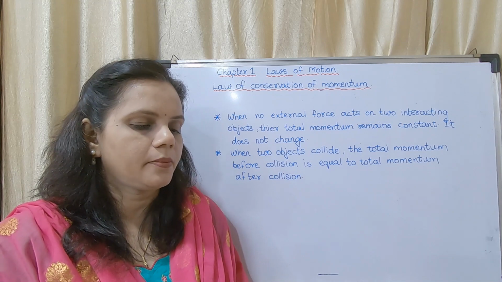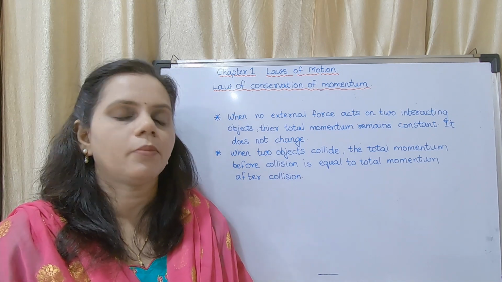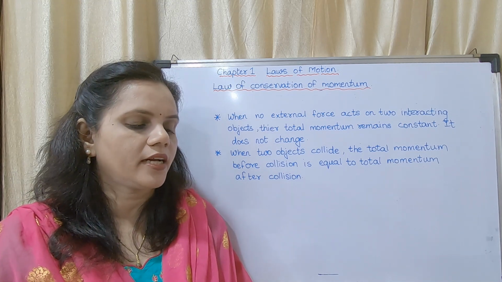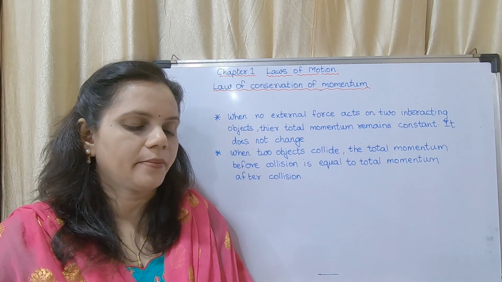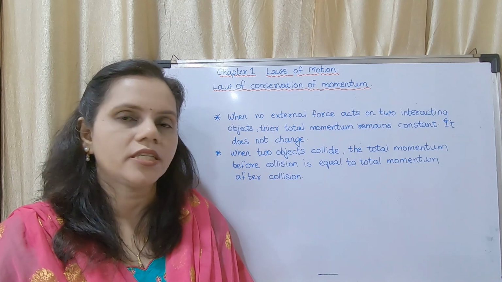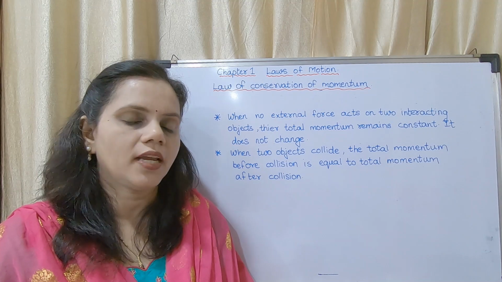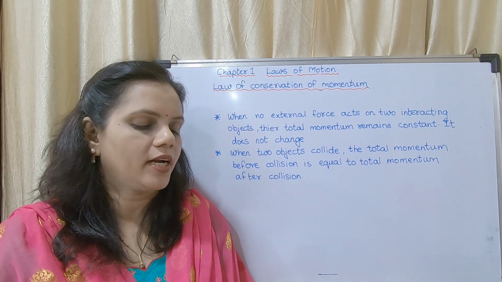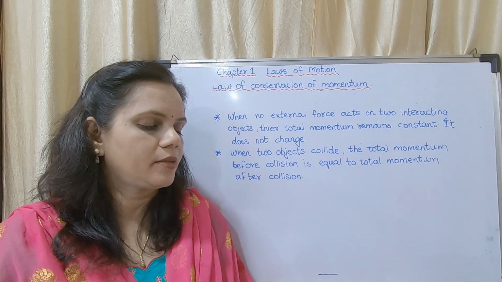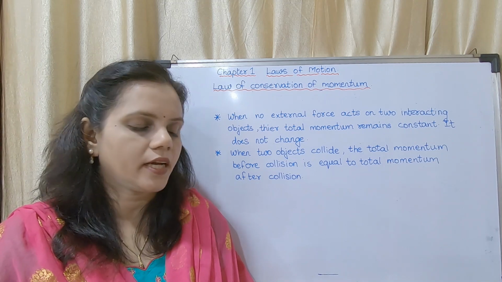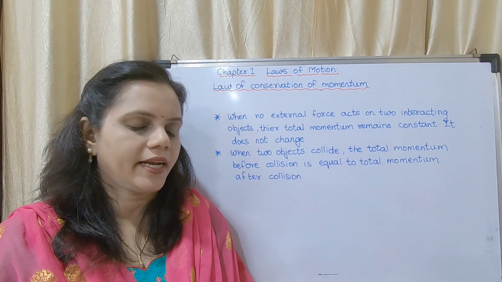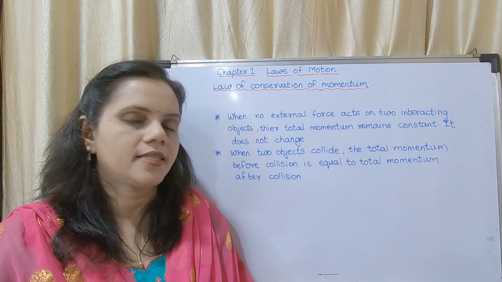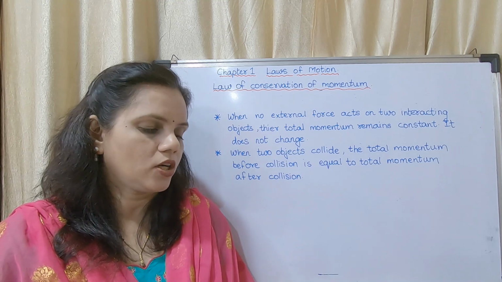Now on page number 16 there is a box. As the mass of the gun is much higher than the mass of the bullet, the velocity of the gun is much smaller than the velocity of the bullet. The magnitude of momentum of the bullet and that of the gun are equal and the directions are opposite. Thus the total momentum remains constant.